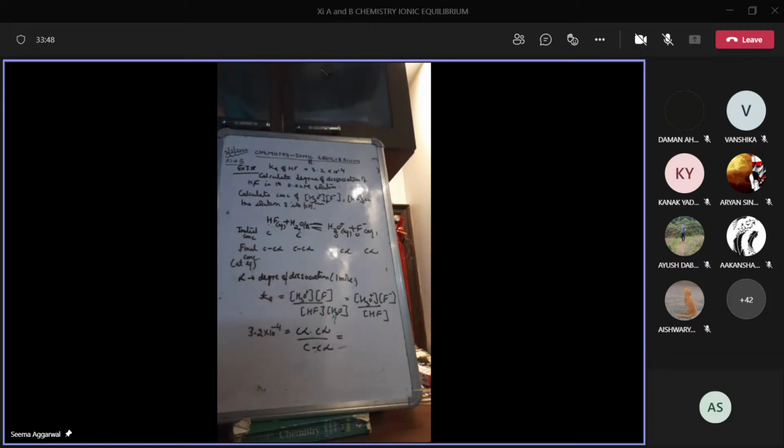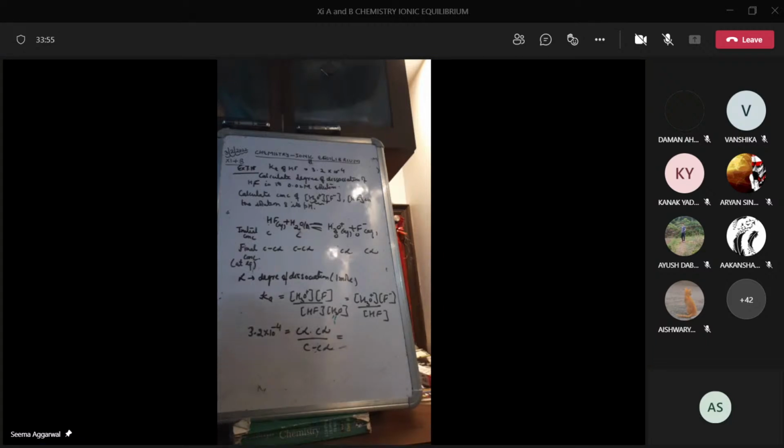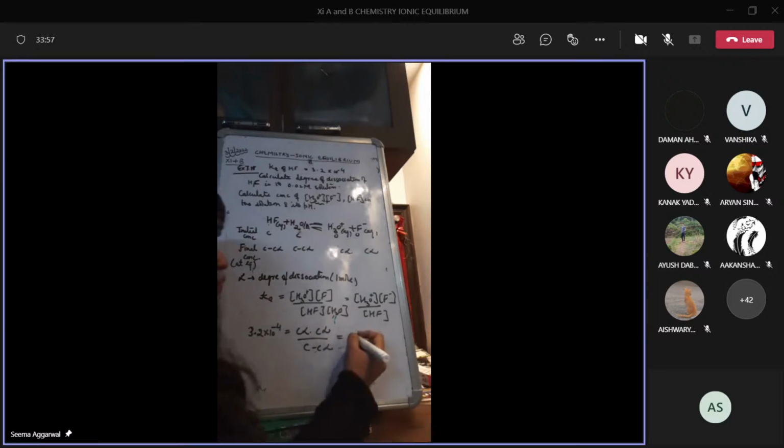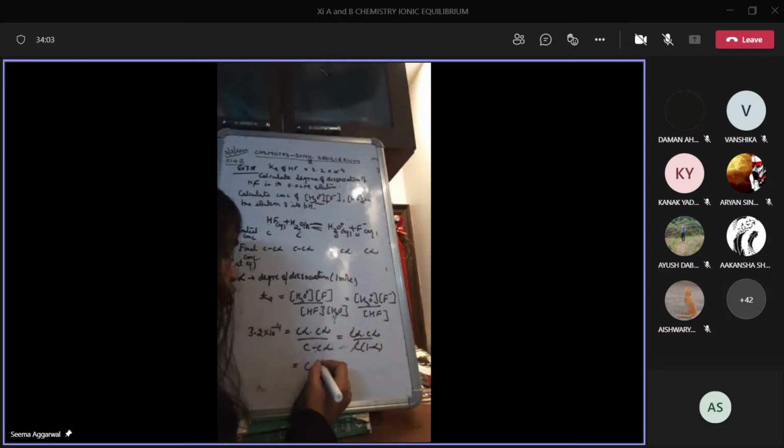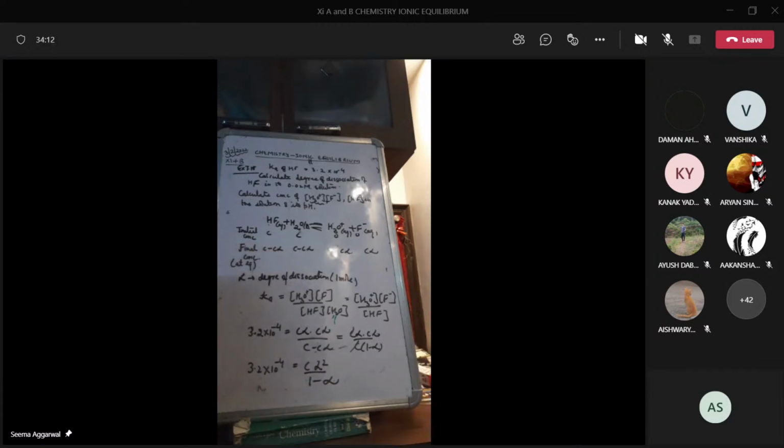Water we are taking as 1, because pure liquids and solids remain constant. So this will be C alpha upon C1 minus alpha. So 3.2 into 10 raised to power minus 4 is equal to C alpha square upon 1 minus alpha.